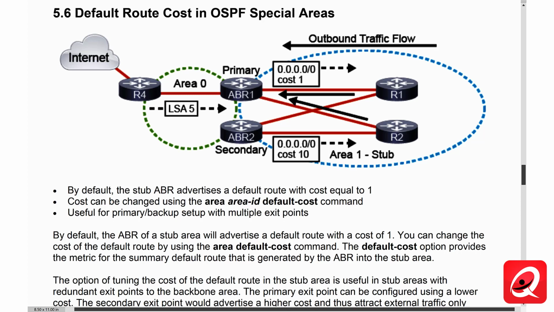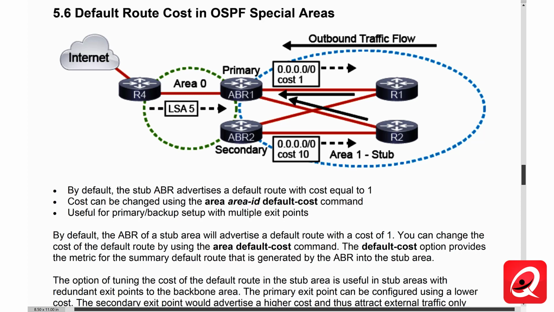Now, when we get into our discussion of route manipulation, policy-based routing, that kind of thing, we're going to talk about how we can manipulate costs in lots of different ways for things like redistributed routes and applying route policies or policy routing policies to policy-based routing scenarios.